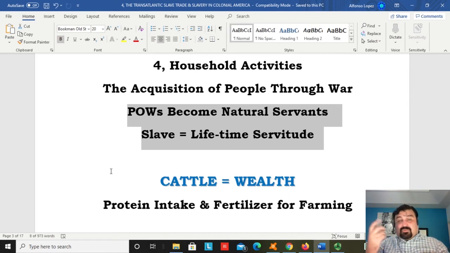You have to serve the ruler. You might be assigned to serve a priest, or in the construction of temples. But eventually, you're going to be adopted over time because you're going to marry inside of that community and have offspring of your own that over time are simply going to become part of the group.